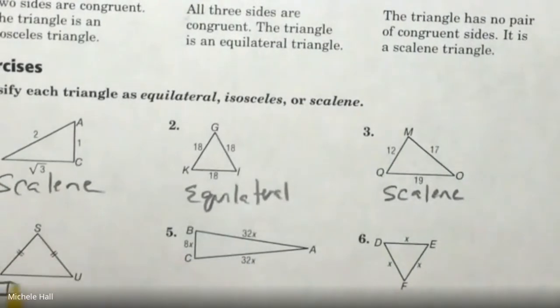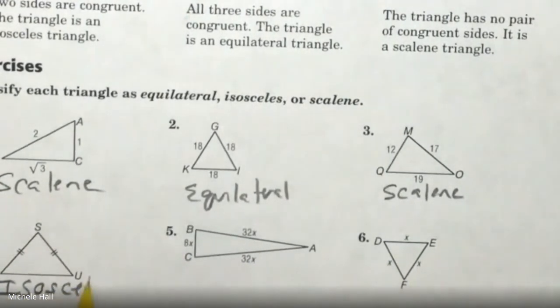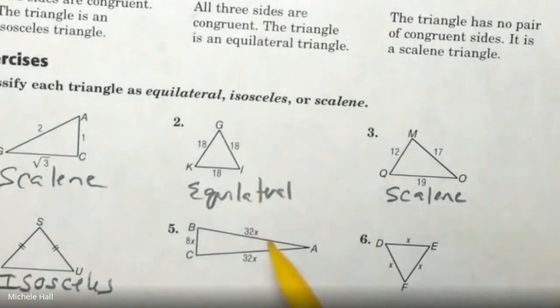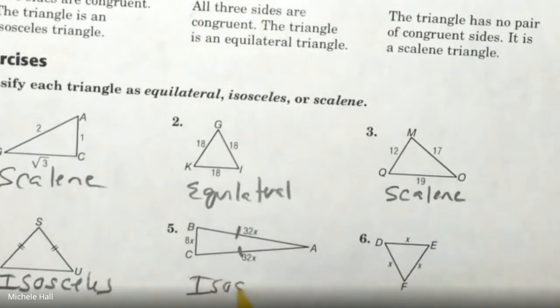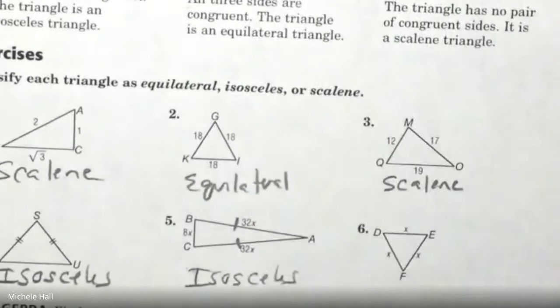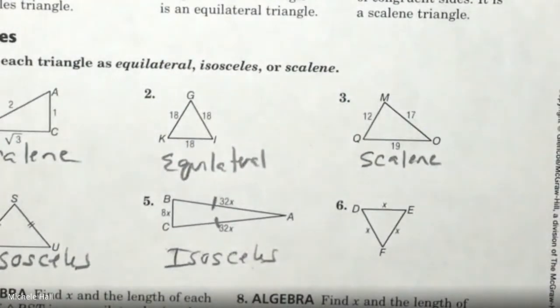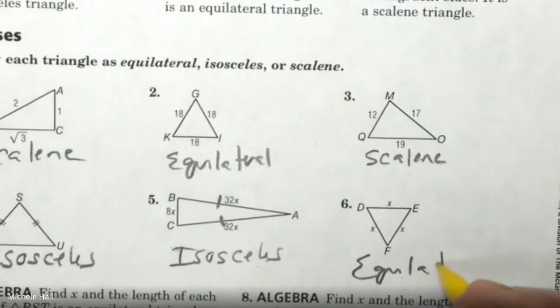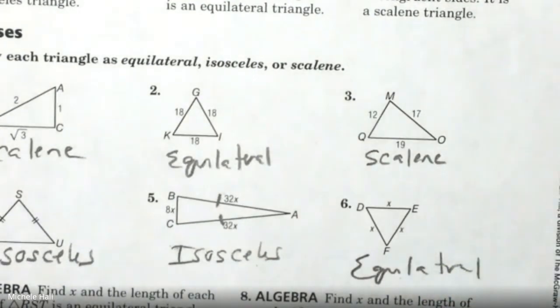Isosceles. Very good. Number 5, Brandon. It is also isosceles because I see 32x and 32x. Isosceles. And the last one, Penny. Equilateral. All right, we're going to use that knowledge to, I just gave you a piece of paper.